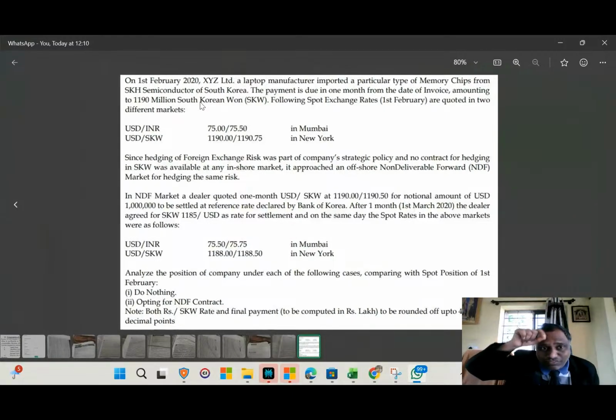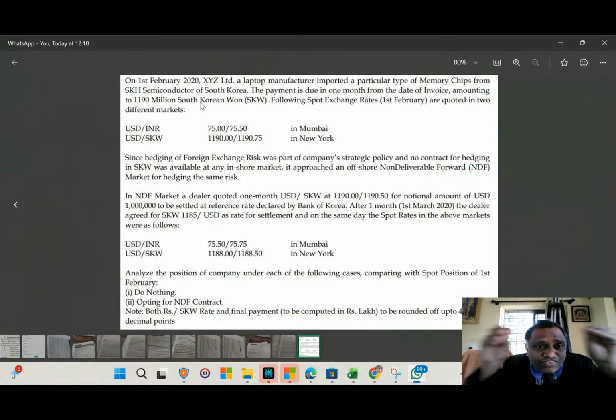But if I want 9.9 lakh dollars, how much do I need to pay? I need to pay into 75.5, that is 754 lakhs of INR. This is as of today.